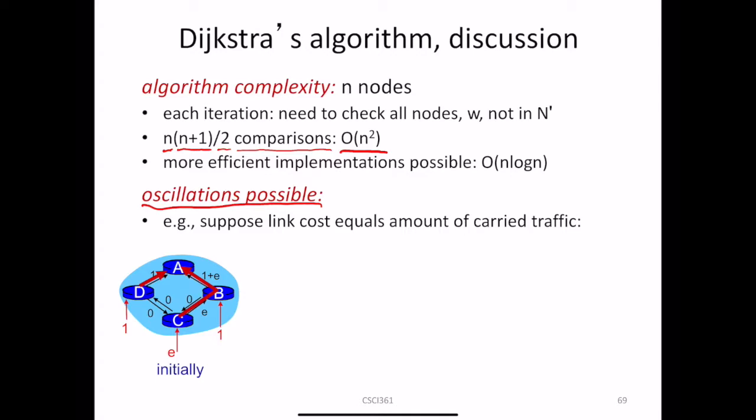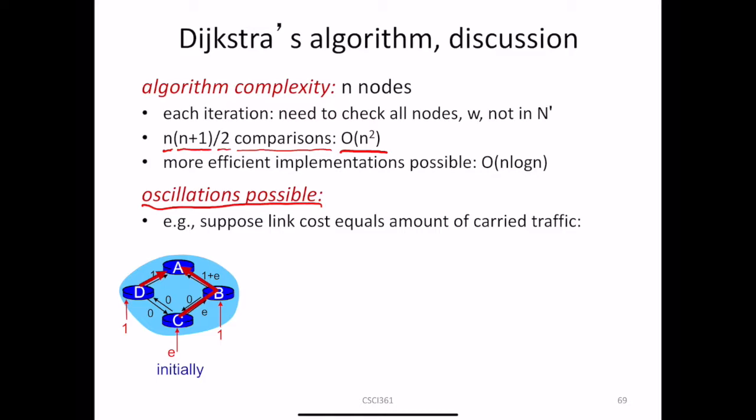They are connected with each other, and the customers connected with D, C, and B will send a packet destined to router A. The customers from routers D and B will send 1 unit of data, and the customers connected with router C will send e units of data. So initially, the topology of the network looks like this.